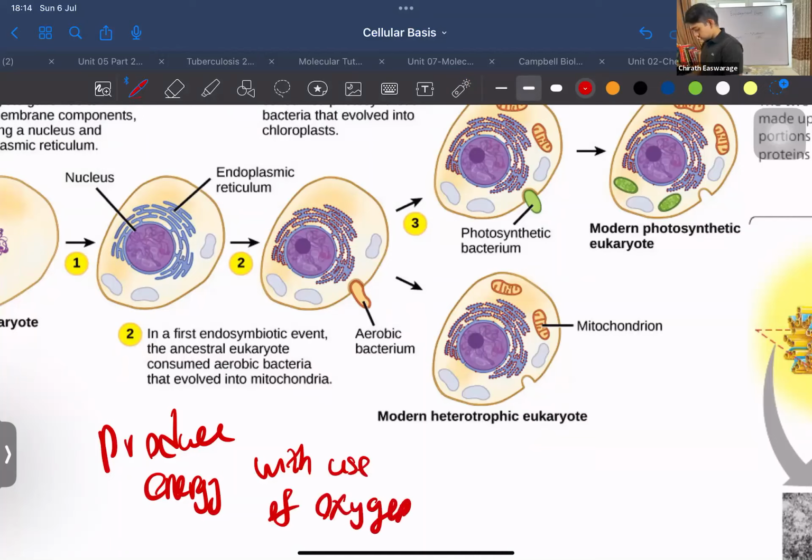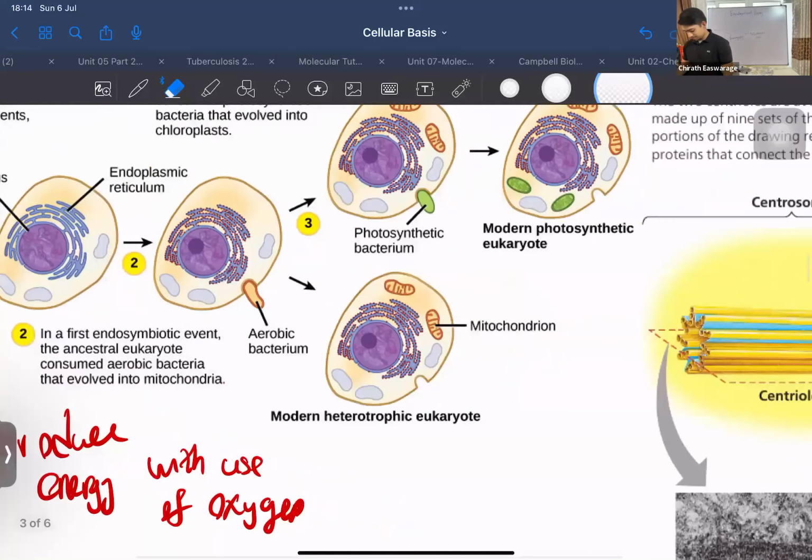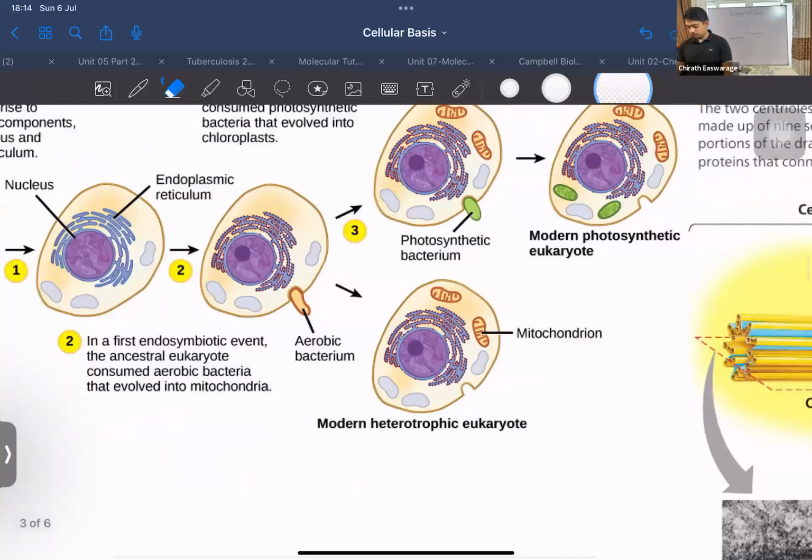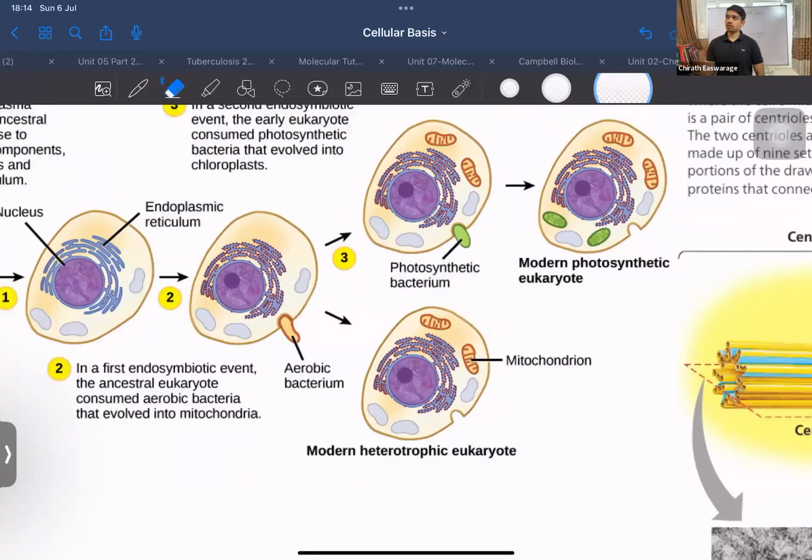So this early eukaryotic cell ate an aerobic bacteria, and that bacteria inside the eukaryotic cell became what? It became a mitochondrion. You will see how we can prove this. There is so much evidence.